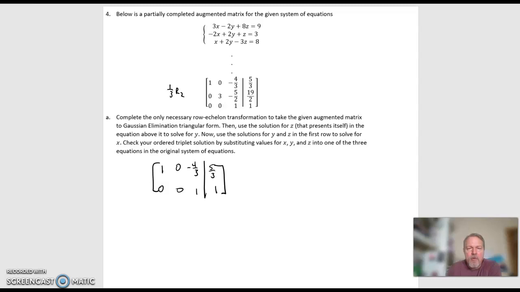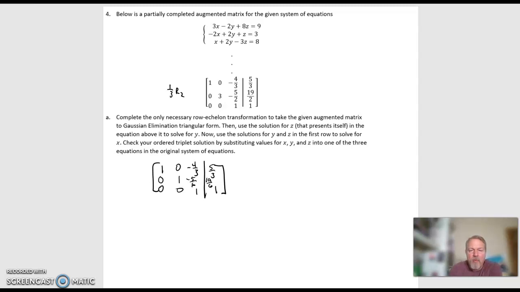And then row 2, if I divide everything by 3 or multiply everything by 1/3: 1/3 times 0 is 0, 1/3 times 3 is 1, 1/3 times -5/2 is -5/6. Let me squeeze that in here. And 1/3 times 19/2 is 19/6. I'll write that a little bit bigger next time around.